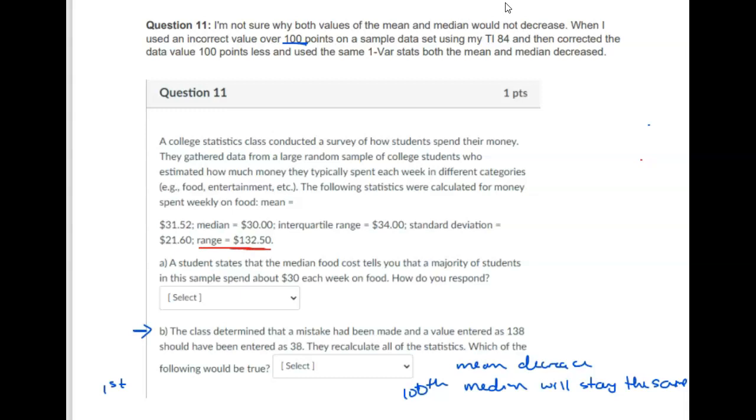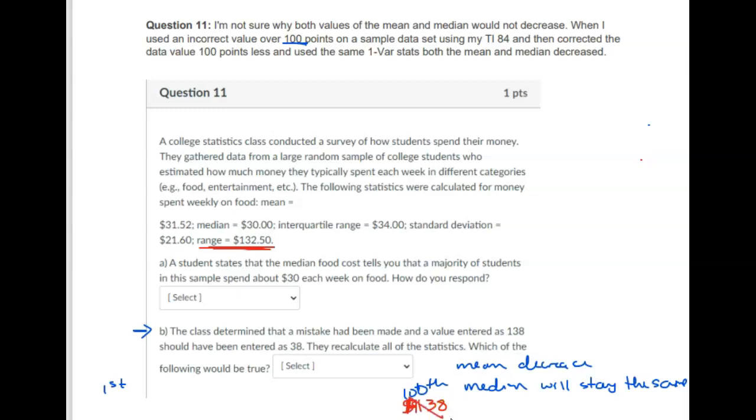Because the range is 132. Some people might say 0, but probably not. They might say a low amount, and some people will say a high amount. But I'm suspecting that 138 is on this side, especially with the mean and the median being so low. 138 seems like a really high number compared to the center, and the range is about the same. So it's probably at the end of the data set.